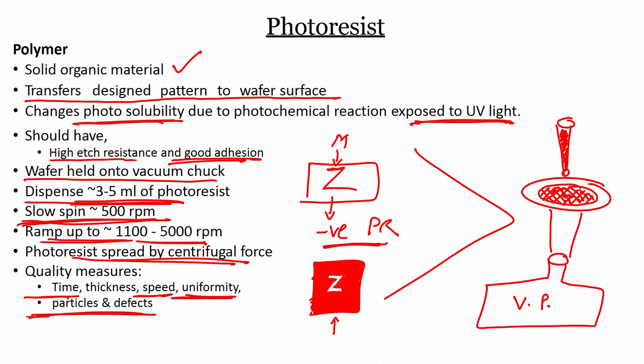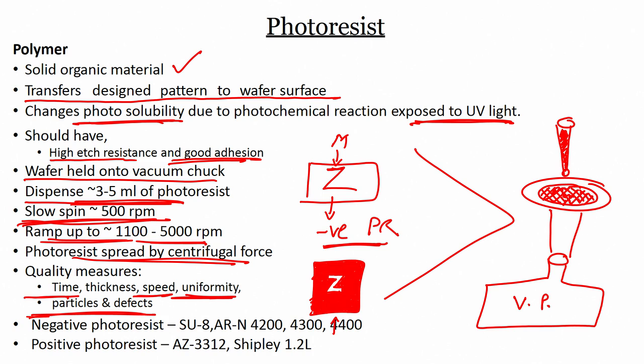If my thickness is lower, then I can spin coat it at higher rpm. Then if I have a uniform rpm, if I increase the time, my thickness will decrease. If I decrease the time, my thickness will increase. Whether the PR is uniformly coated or not, whether there are particles and defects or not, everything we have to take care of when we use the photoresist, okay. So, it is a very important step, extremely important step, and we will see how we can use it.